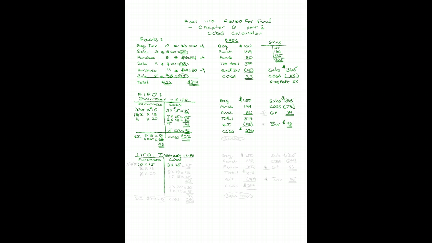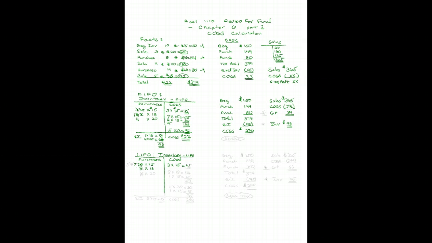Remember, everything happens at cost in inventory. And I will have 7 left at 15. Then I purchase 8 at $18 each. So now I have 7 at 15 and 8 at 18, and I sell 9.